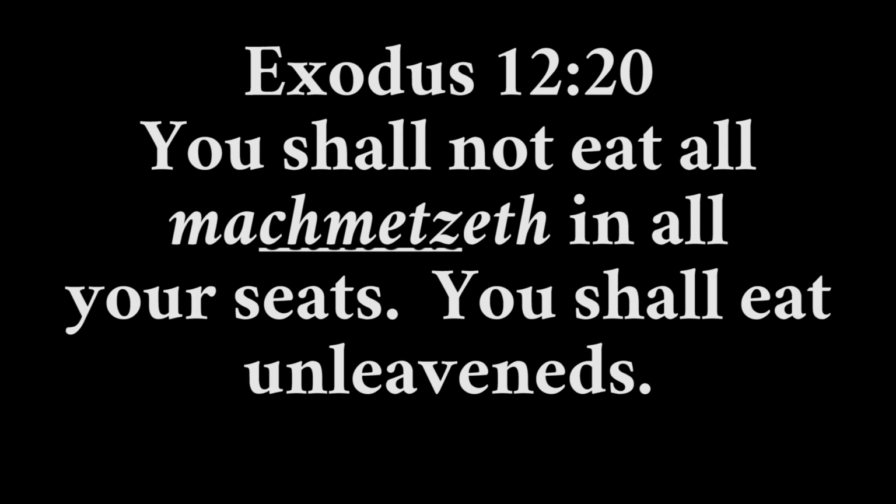You shall eat unleavens. So once again, we can see that there are two things being told to us regarding seor and regarding chametz. It says that we are not supposed to have seor found in our houses. And also it says that we are not supposed to eat that which is caused to leaven. And this word is derived from the verb for chametz, so things which are being leavened.